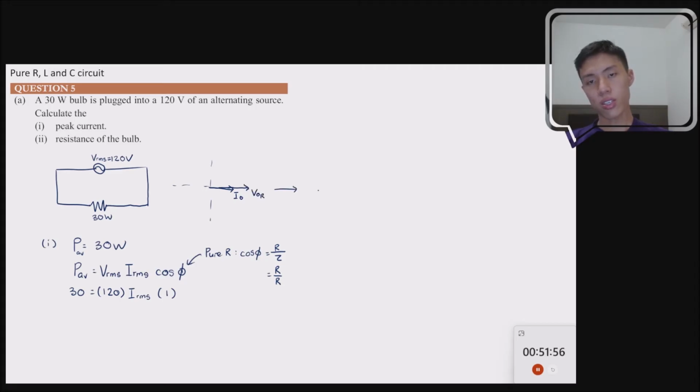So if you reduce it, you only get R over here. There's no XL, there's no XC, so there's nothing to combine. So this R here will immediately equal Z. So Z can be replaced with R, so R over R, you get cos phi is equal to 1. So that's why cos phi can be replaced with 1. So from here you can see IRMS is equal to 30 divided by 120, which is equal to 0.25 amp.